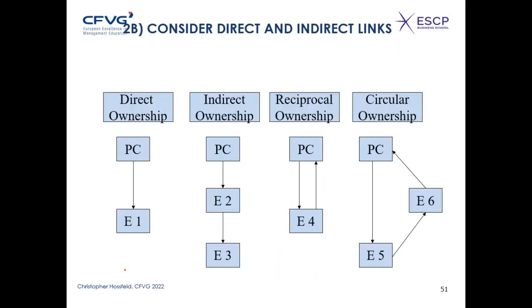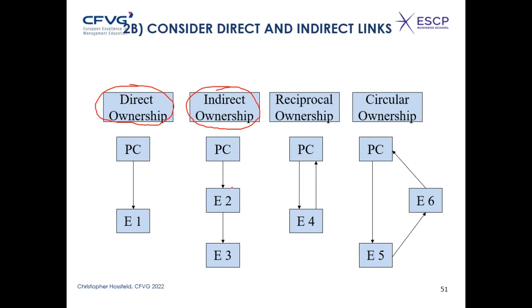Okay, we discussed this already. When I consider those voting rights and the percentage, I do not only consider direct ownership, so the parent company has a stake in an entity, but also indirect ownership. So that can be on several levels, an unlimited number of levels. As long as I control all intermediary companies, I also control the company at the very bottom.